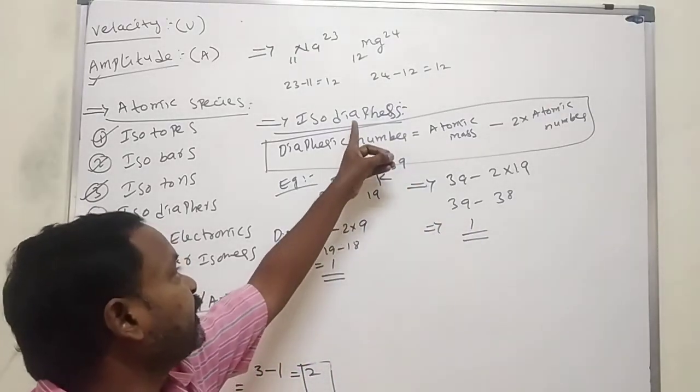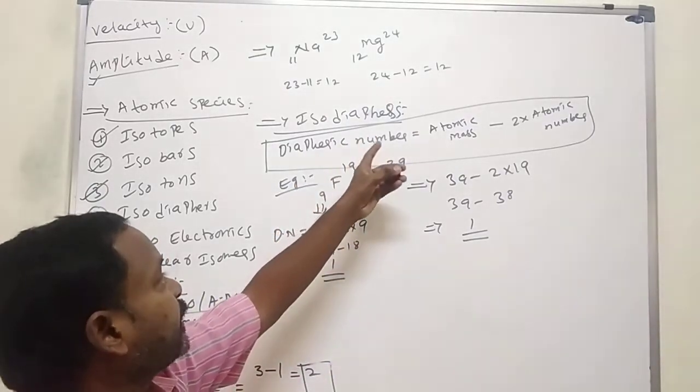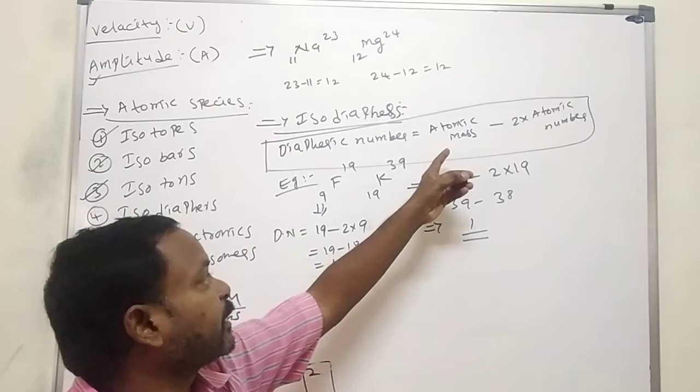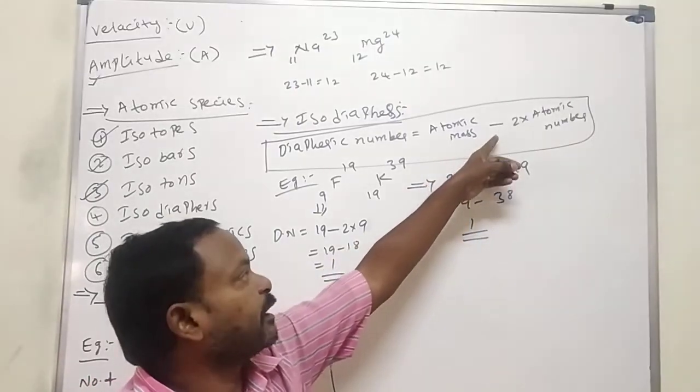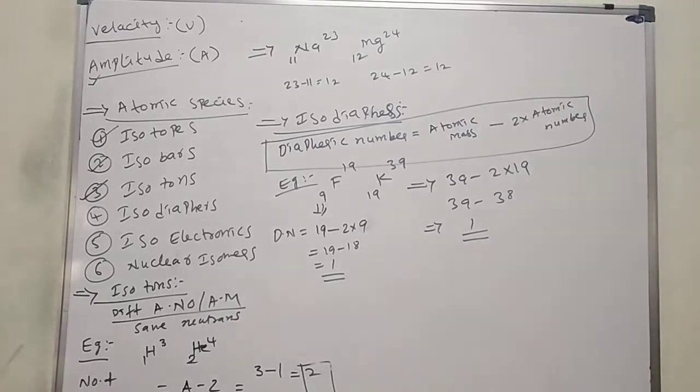How do we calculate the diaphoric number? Atomic mass minus 2 into atomic number.